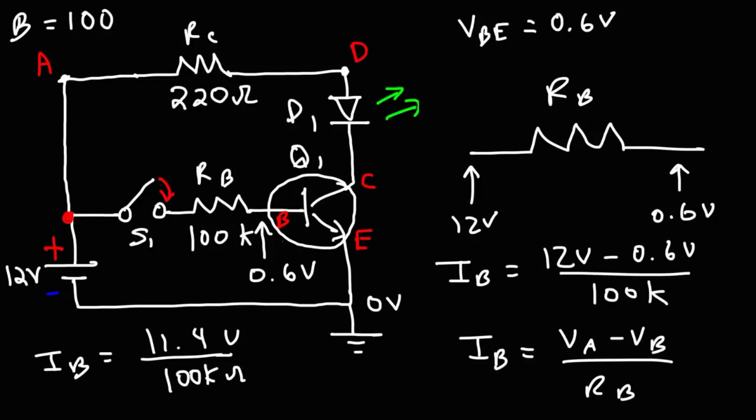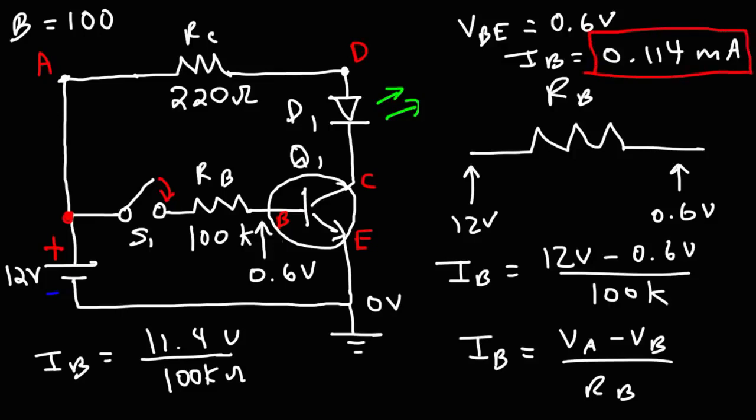If you divide volts by kilo ohms, you get the current in milliamps. So 11.4 divided by 100 will give us a current value of 0.114 milliamps. So when you understand that, you don't need to convert amps into milliamps, nor do you need to convert kiloohms into ohms.